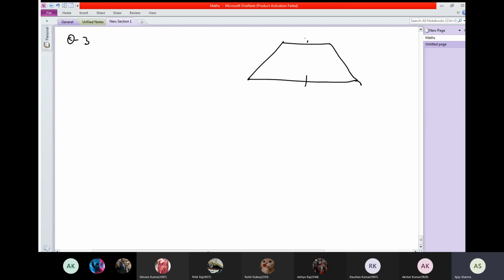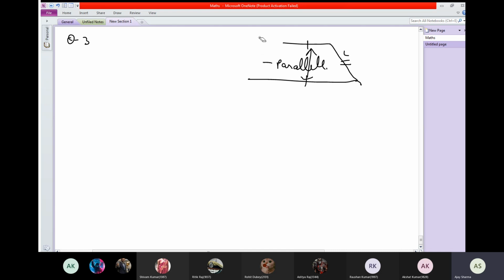These two are the parallel sides. These two sides are non-parallel, they are not parallel to each other. If these two sides are equal, then we name this trapezium an isosceles trapezium.